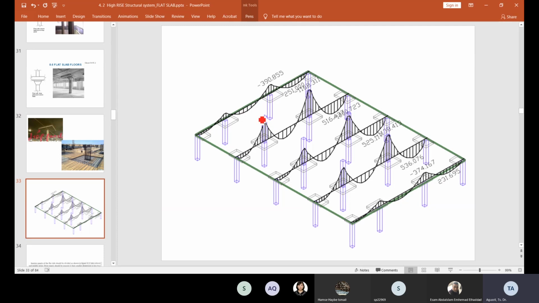So if this one is the bending moment diagram, the shear force diagram will look like this. Okay, so this is the shear force diagram. In order to check whether the thickness of the slab is sufficient or not, we need to use this value, the V value, from the shear force diagram. Later I will show you how to check.